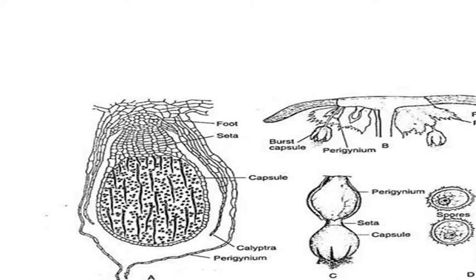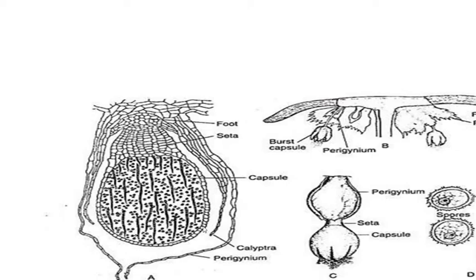So inside, the wall layer is formed from the amphithecium, and inside it is the sporogenous tissue, the endothecium. Most of the endothecium cells develop into spore mother cells. These spore mother cells divide meiotically and form the haploid spores.